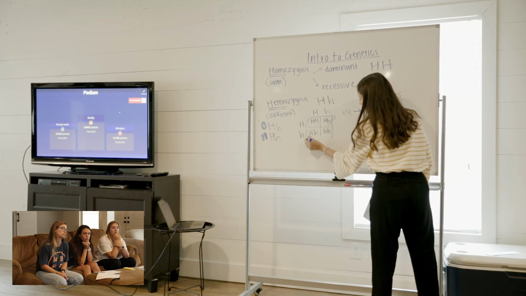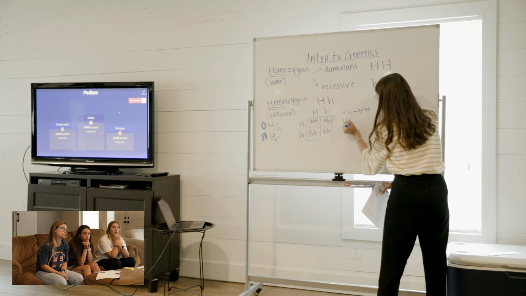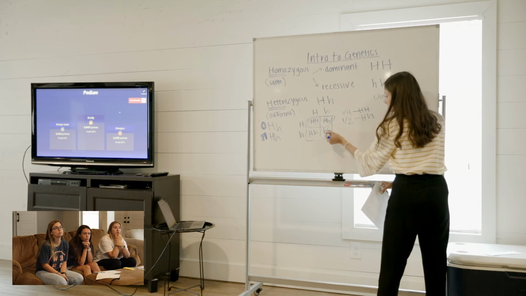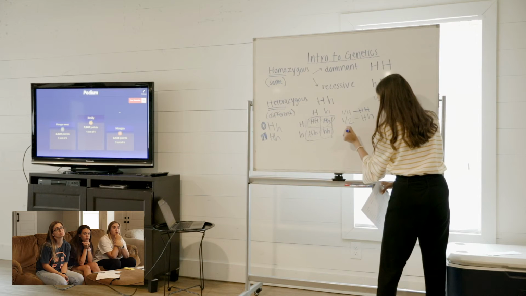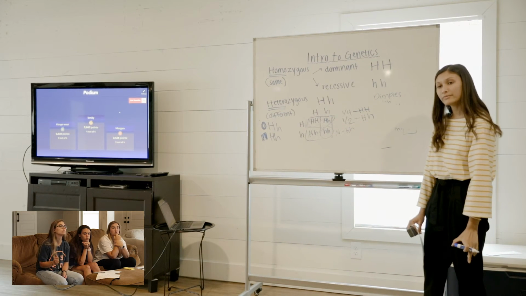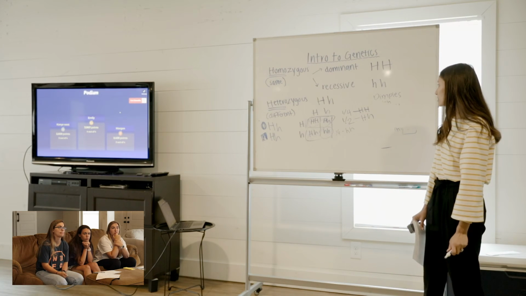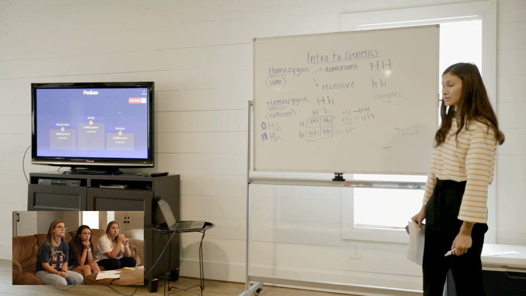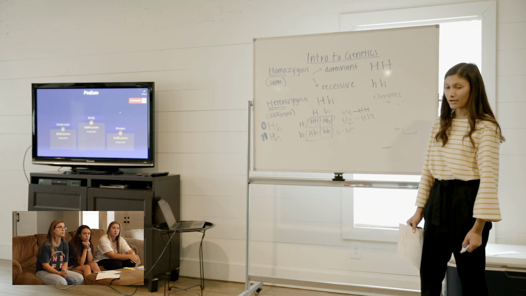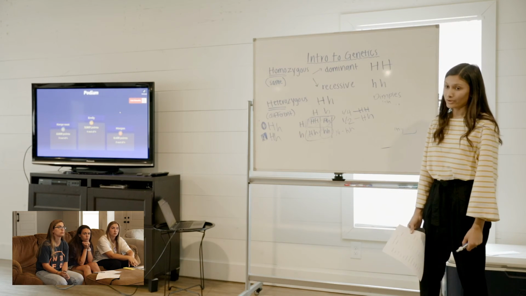Your kids have a half chance of being heterozygous and a 1/4 chance of being recessive. So that's how that goes. That is how genetics plays a part in making up what we're like.